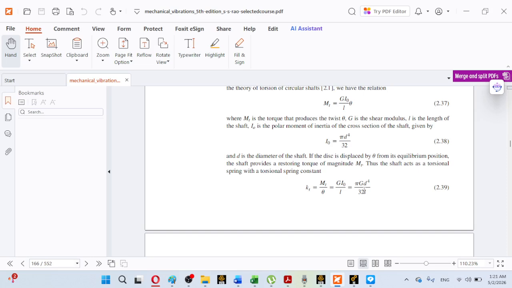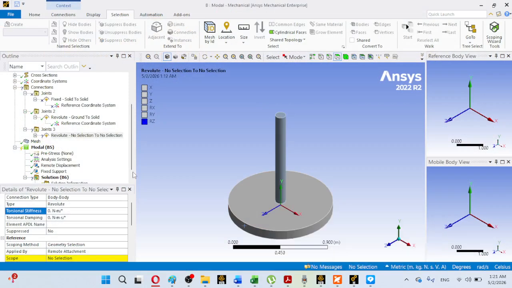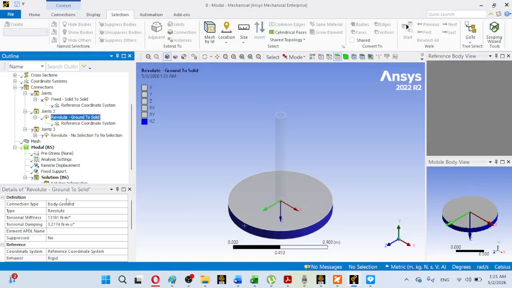13180.548. So this will be the value for torsional stiffness in Newton meter per degrees. So you will be using the value here, as I can show you here, because I had used this revolute. So I have used here 13180.48.